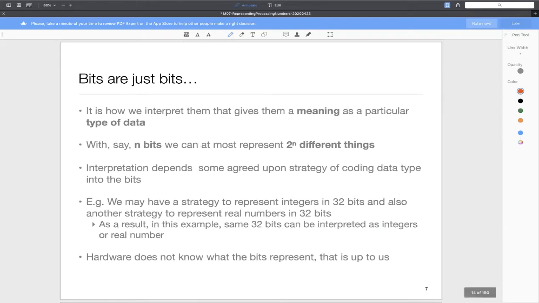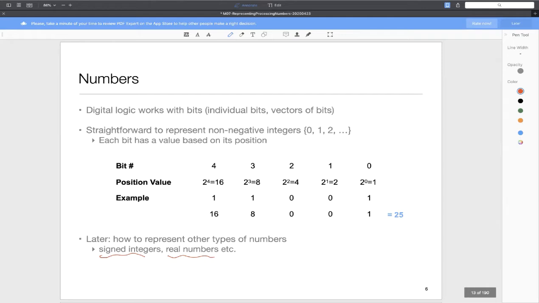Now, what one has to remember is that when you store bits in computer memory, bits are just bits. Inherently they don't have any meaning. It's not like just because at a memory address we are storing the bits 11001 that it implies 25. It's only when we say, I'm going to interpret it as a base 2 number, that we say, okay, it is 25.